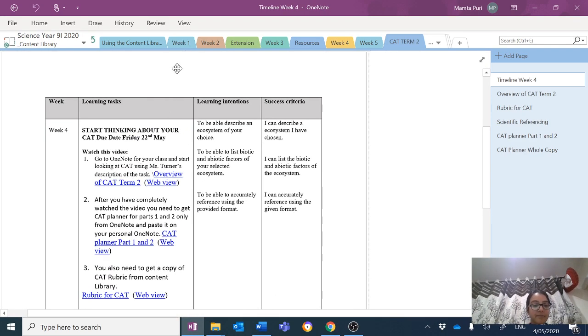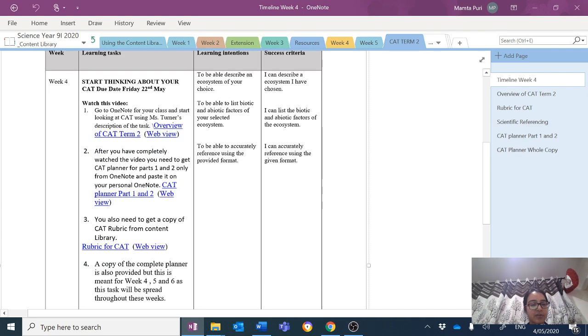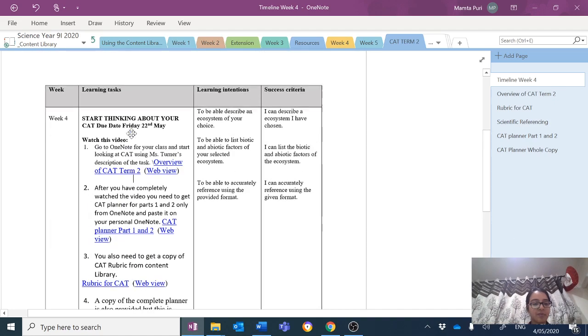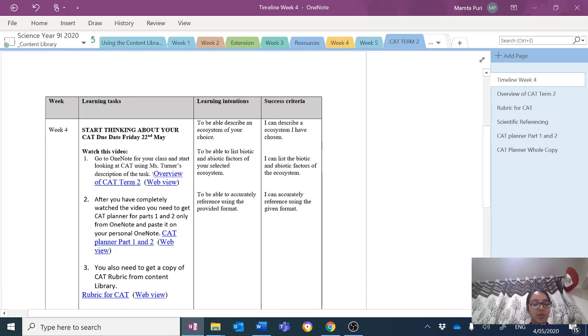Due to some reason, it's not working here. Based on the description of the task, if you can't click on that, let me know and I'll see why it's not working.